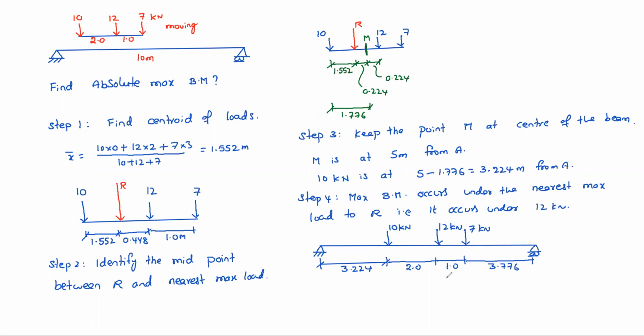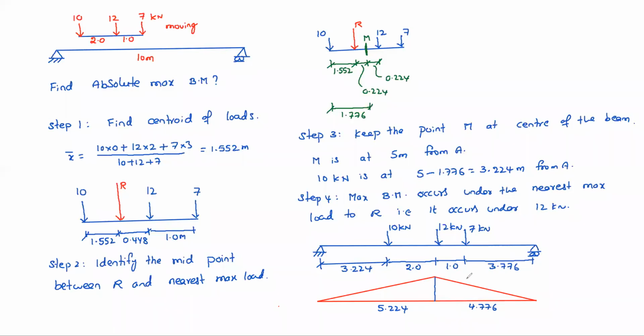Okay, I will draw that ILD. This ordinate: left side it is 5.224, right side it is 4.776. So the ordinate here you can work out.